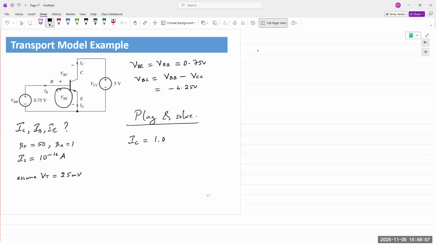IC is 1.071 milliamps. IB is 21.4 microamps. And IE is 0.09 milliamps.